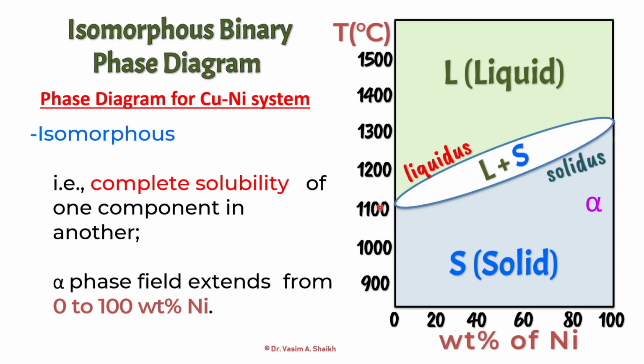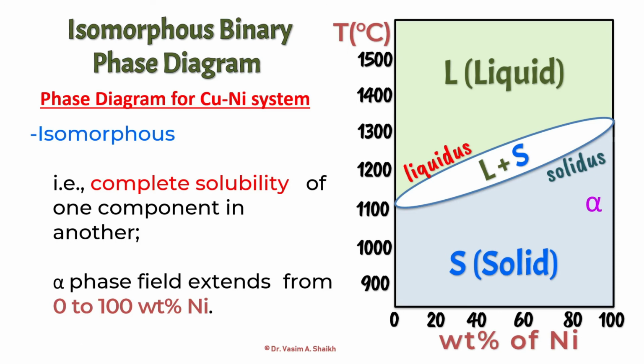Similarly, when we have a liquid phase, the liquidus line or the liquid phase will extend from 0 to 100. So that means the entire phase is liquid above the liquidus line and it is extending from 0 to 100. If that condition is satisfied, we call the system an isomorphous system.